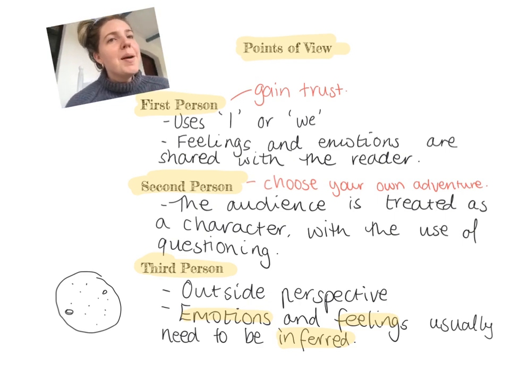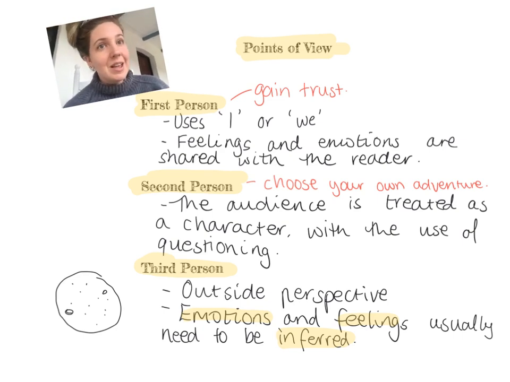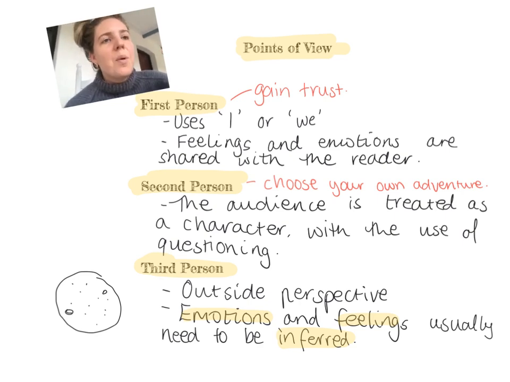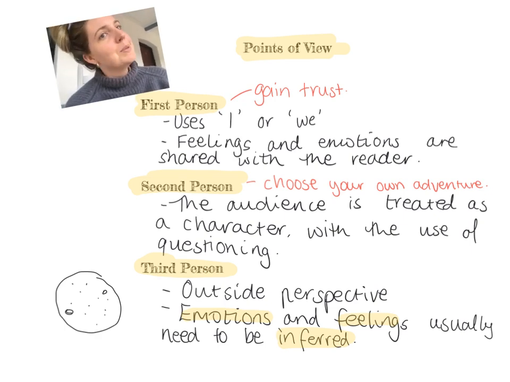So that basically means if we saw some bullying happening in a story and we saw the reaction of the children getting bullied, we might see that their faces go red. They might start to cry and they have a really sad look on their face. Now, we're not getting a feeling from inside that kid. We're not being told, oh, I am so sad.